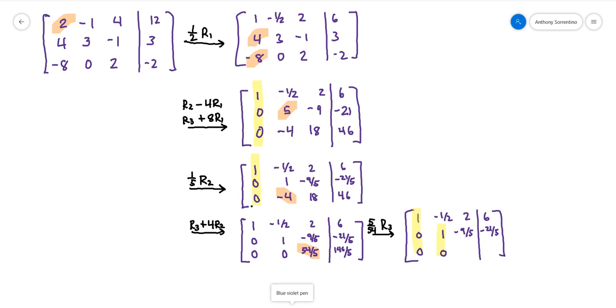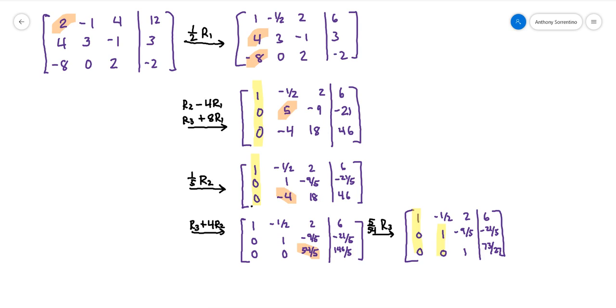This becomes a 1, because 54/5 times 5/54 is 1. 146/5 times 5/54 becomes 146 over 54, which does simplify and becomes 73 over 27.